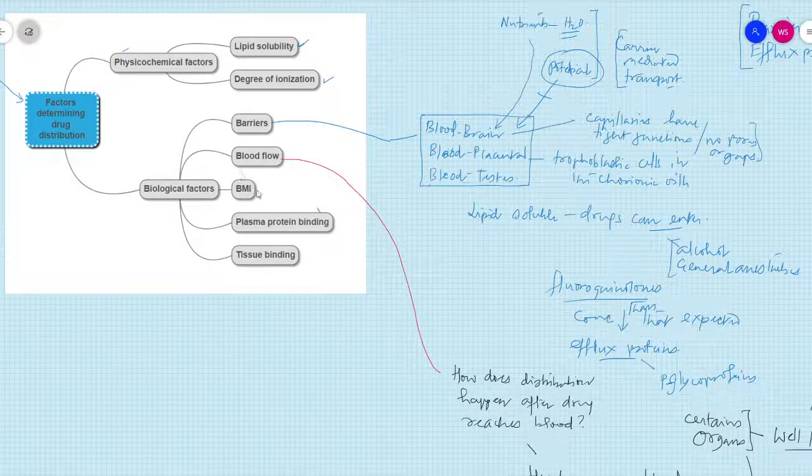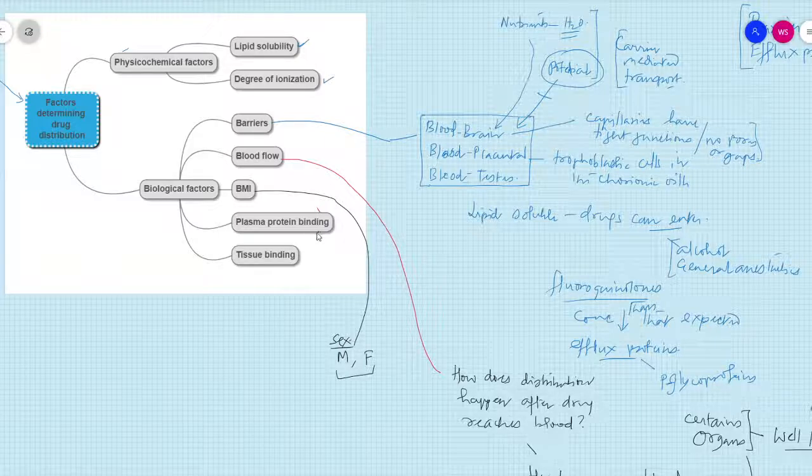Then the body mass index. If you think about it, body mass index varies in males and females, and the fat distribution would be different as well. So depending on the sex, it will be different, and that in turn will affect how the drugs are distributed.